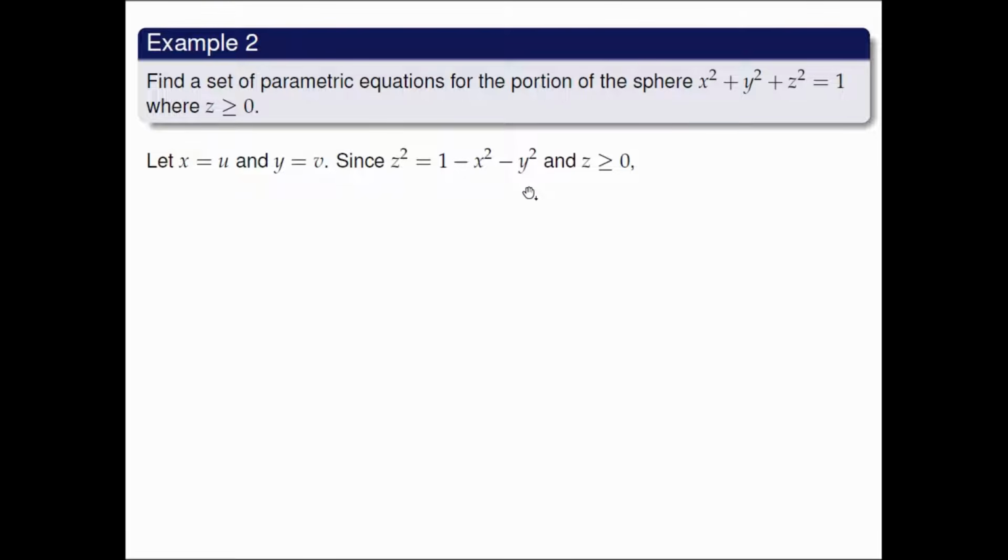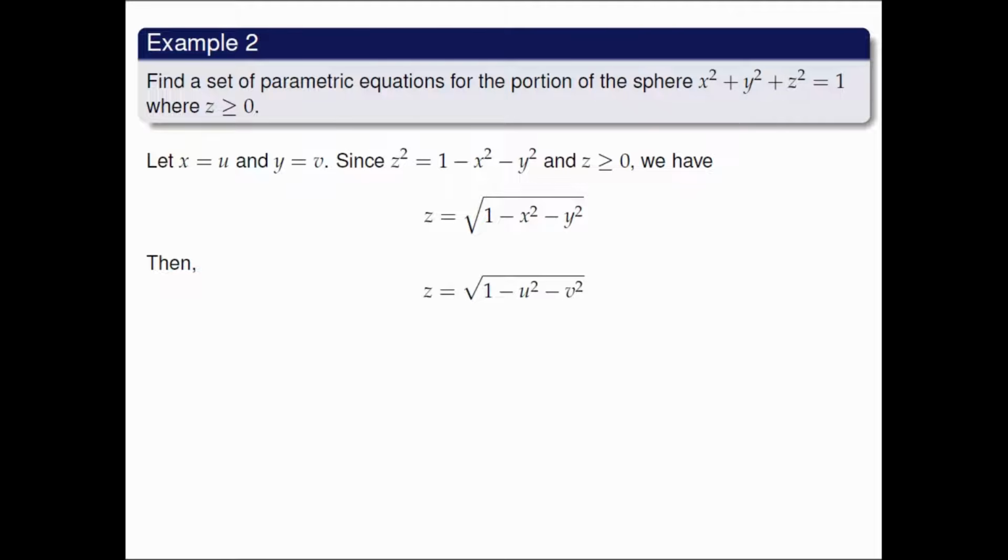But since z is greater than or equal to 0, we get z equals square root of 1 minus x squared minus y squared. Ito yung plus square root dun sa plus or minus square root. But since x equals u and y equals v, then z equals square root of 1 minus u squared minus v squared.